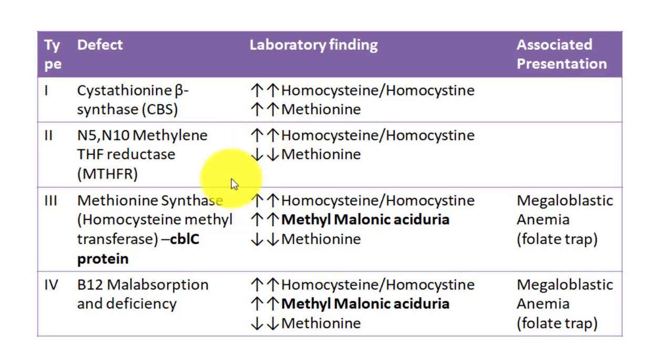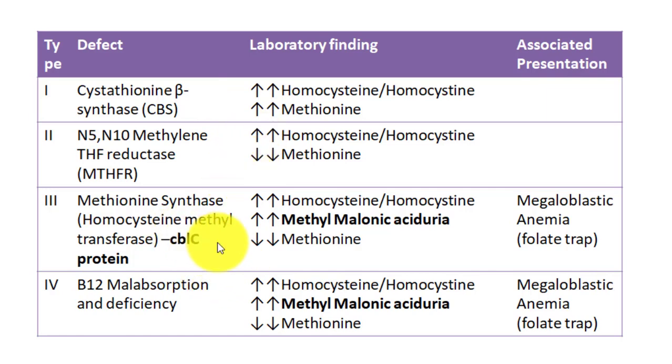Homocysteine is high, methionine is low. Everywhere, homocysteine is high and methionine is low. This is a very important finding that is helpful to separate classical from non-classical. Classical has very high methionine and homocysteine also, but non-classical has low methionine and very high homocysteine.